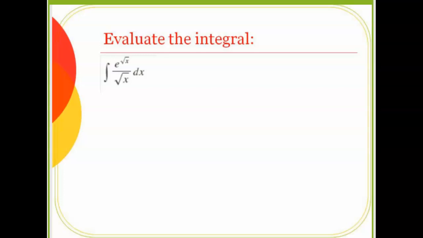Okay? U is equal to the square root of x. Derivative of u is equal to 1/2 x to the negative 1/2 dx. So hence the fact that there is a square root in the denominator.